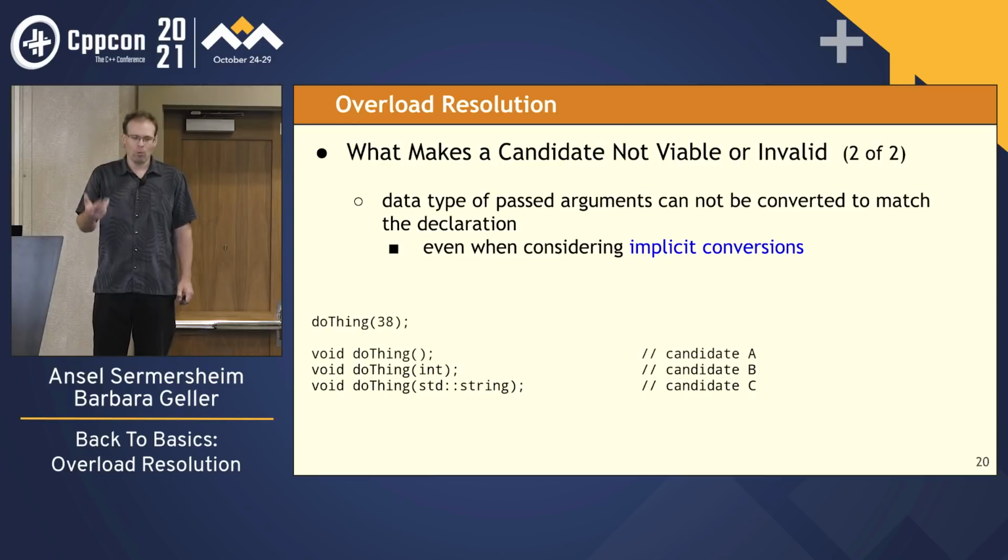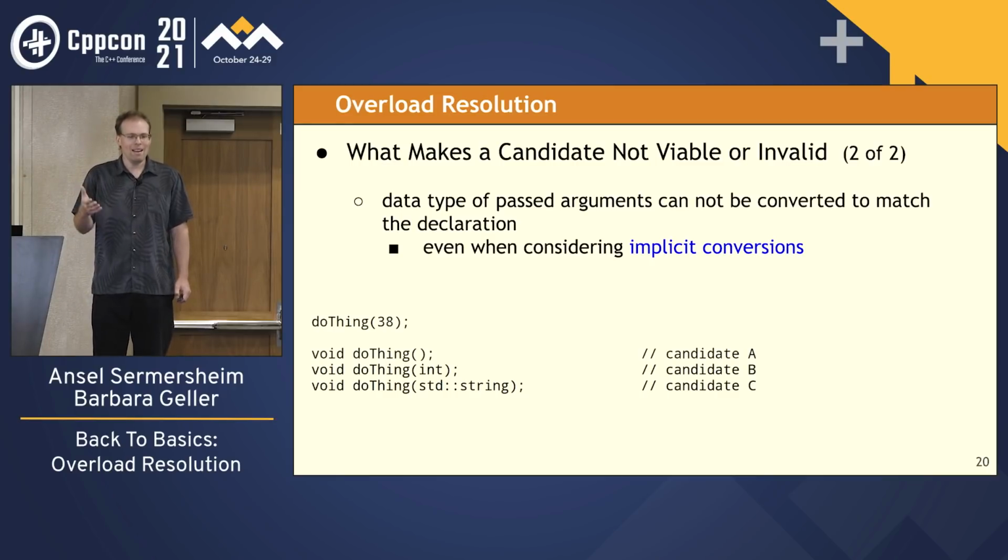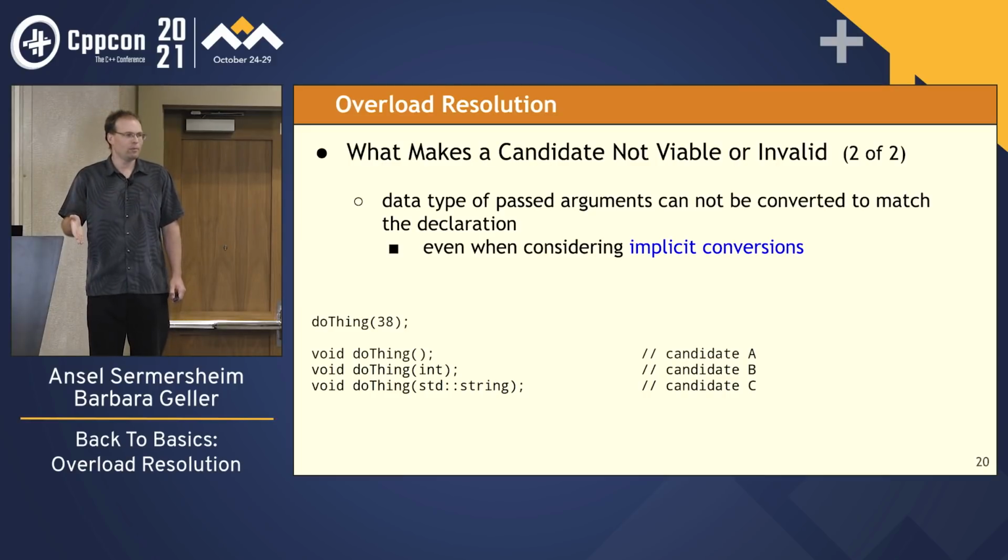We're passing the correct number of arguments for candidate B. It's valid. Candidate C, we're passing the correct number of arguments. However, there is no conversion available to convert an int to an std string. So candidate C is invalid and not viable for the second reason. So still, candidate B will be chosen as you would intuitively expect.